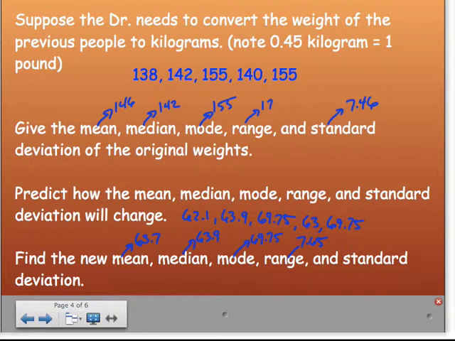I'm typing them into my stat edit right now, so hopefully you're doing the same if you haven't already. And when I do one variable statistics, I get a standard deviation of 3.36 roughly. Now, how do those numbers relate?